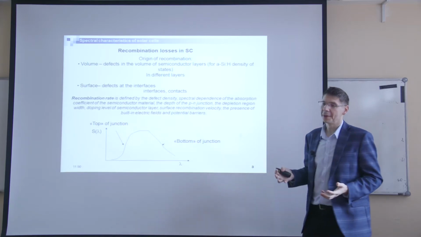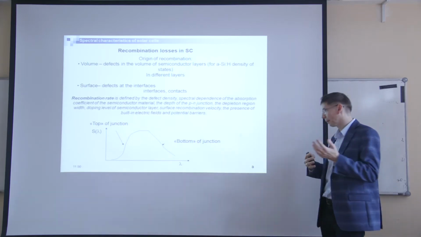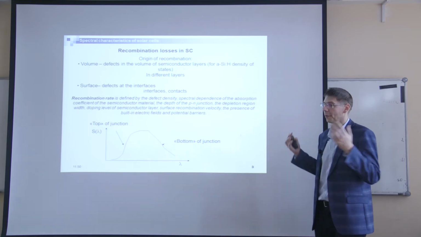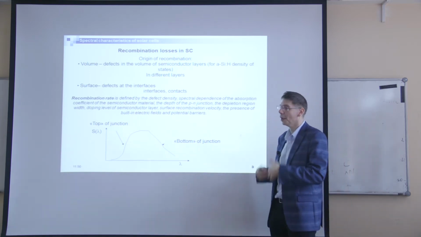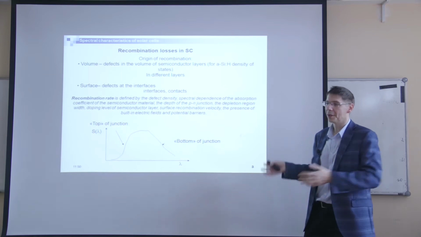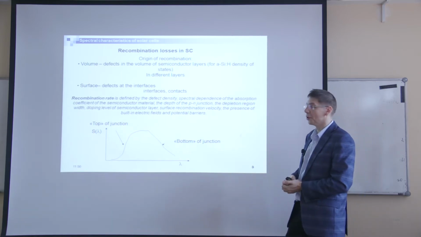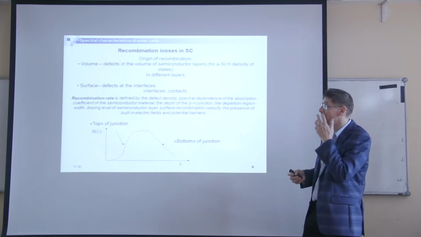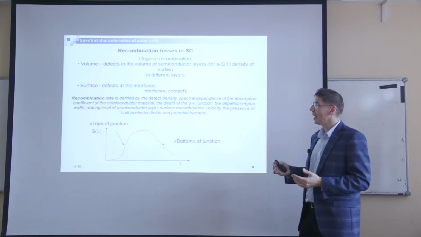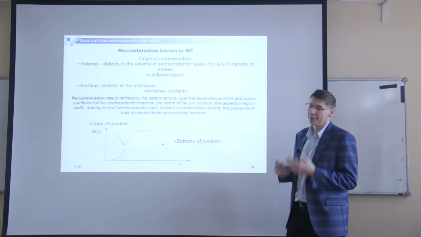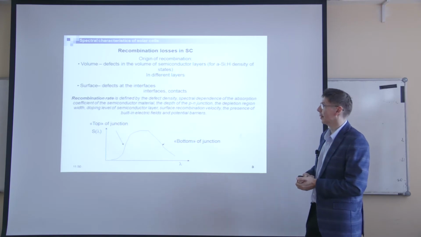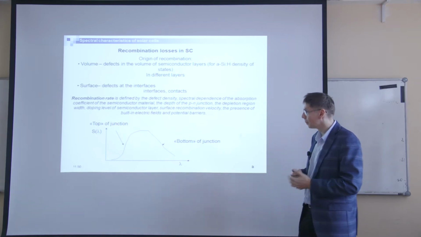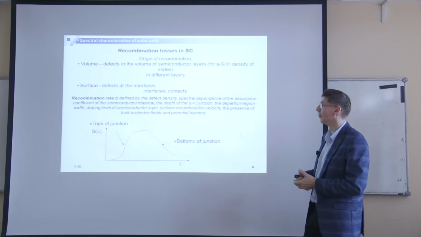Always we have some defects. The question is what is the concentration of the defects, because in epitaxial layers you have a low concentration of defects, and in amorphous hydrogenated silicon you have a huge concentration of defects. But in any case you can get some recombination losses. So it's just a question of what the concentration is and what their impact is.